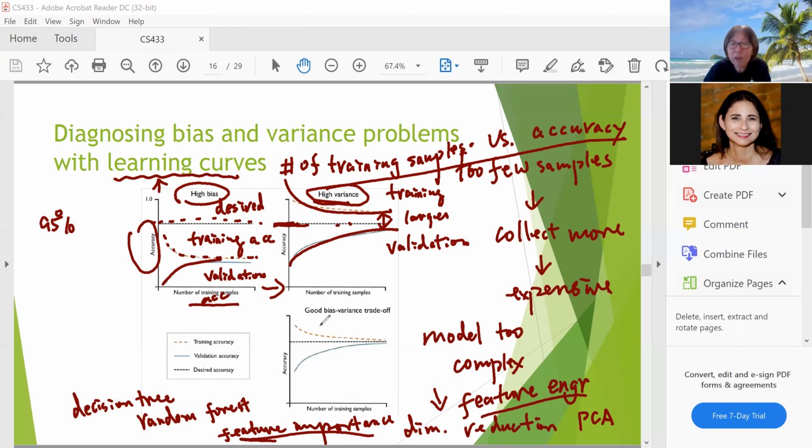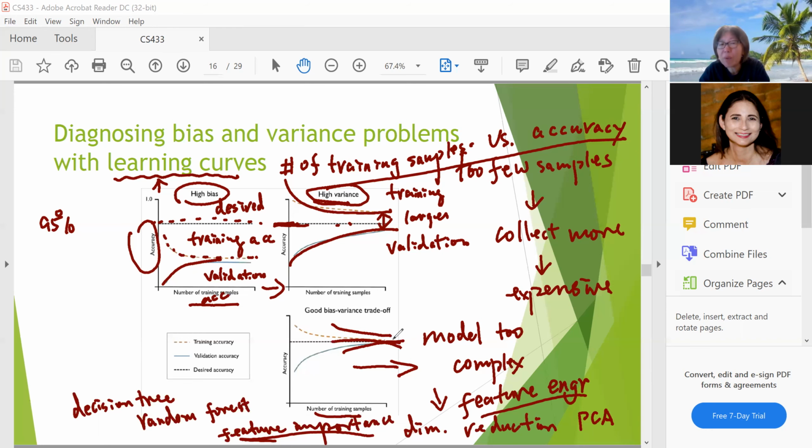And the best scenario is what? With increasing the number of training samples, both the training and the validation accuracy get close to the desired one.